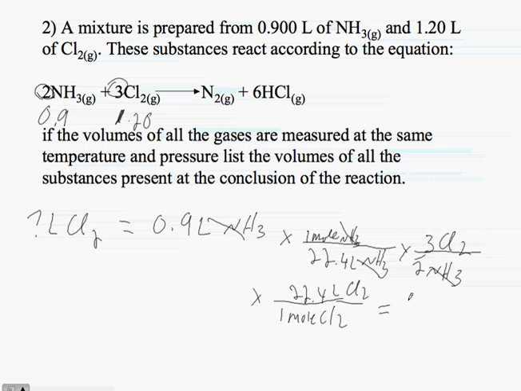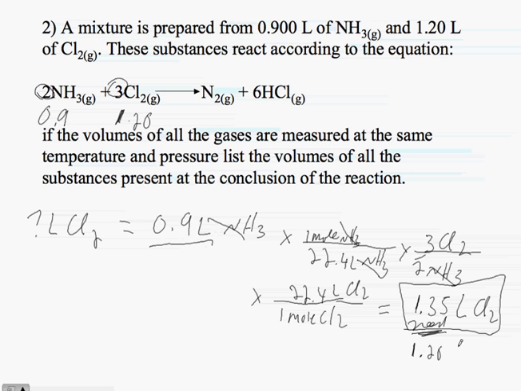If I do all my calculations, I will get 1.35 liters of Cl2. So this is the amount that's needed if I have 0.9 liters of ammonia, and I'm told from the equation that I only have 1.20 liters of Cl2. So this is what I have, and this is what I need.